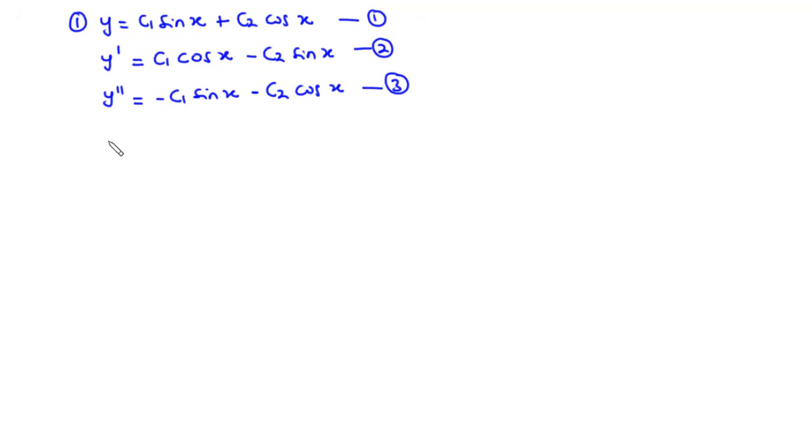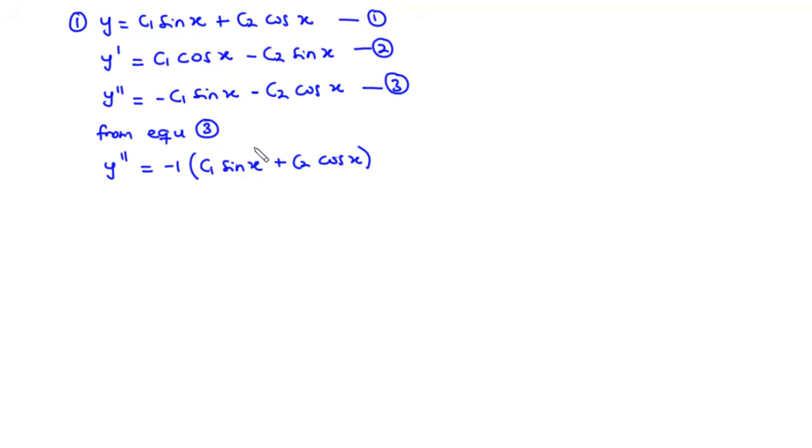So what we are going to do is, from equation 3, we can represent y prime prime as equal to, we factor out negative 1, so negative 1, and then inside the bracket we have c1 sine x plus c2 cos x.